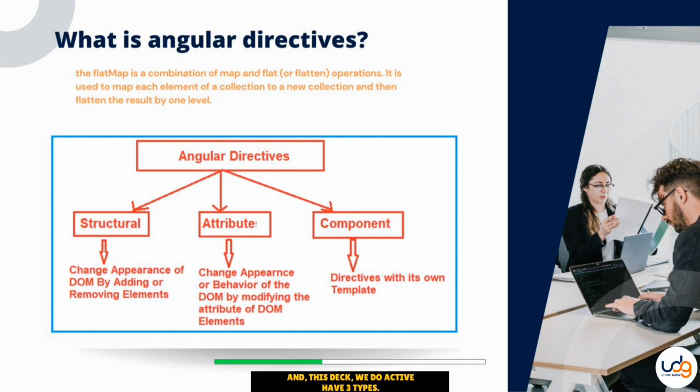Directives have three types: a structural directive, an attribute directive, and a component directive. Behavioral directives... there's four: attribute, structural, behavioral, and component directive.